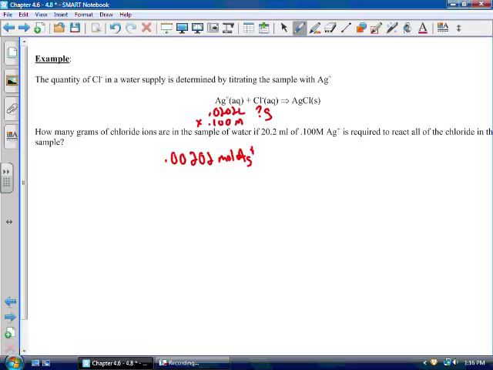So now that I'm at moles given, looking at your diagram in your notes, we need to go from moles given to moles wanted, which is a 1-to-1 ratio in this case. So 1 mole of chloride for every 1 mole of silver. And that will give us moles of chloride. To get the grams of chloride, then, I simply multiply by the molar mass of chloride.